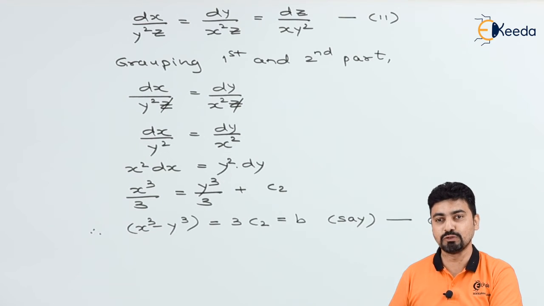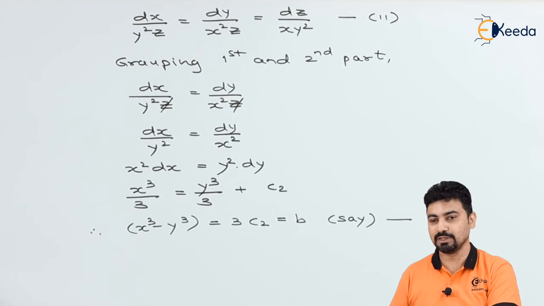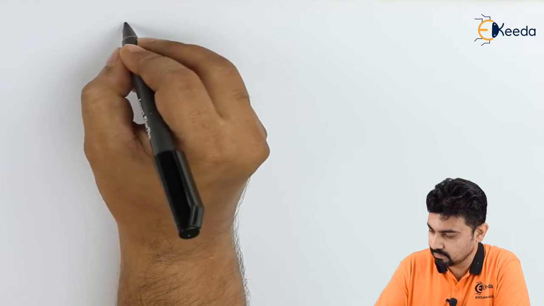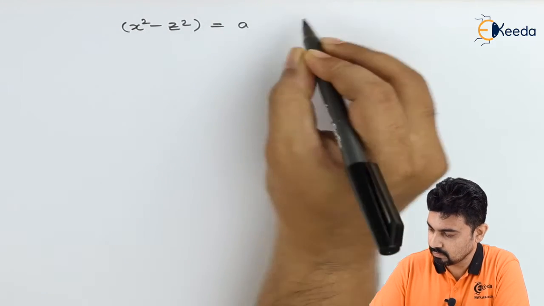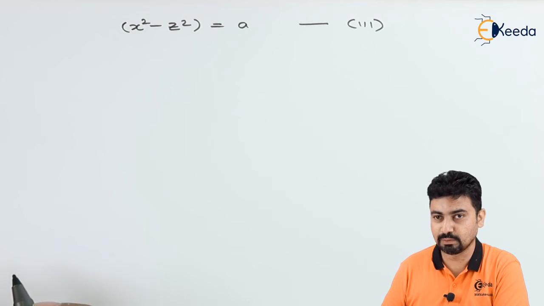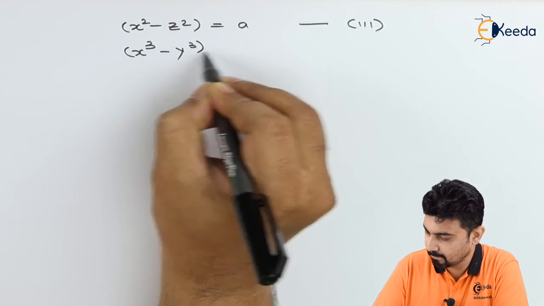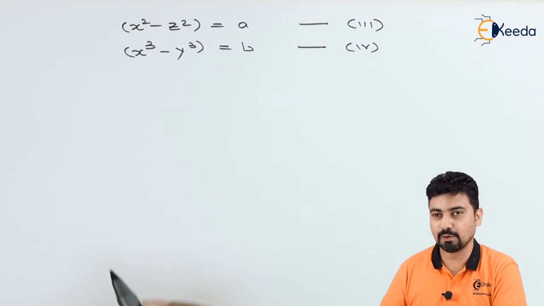So we have got our two solutions. One was x square minus z square is equal to a, and x cube minus y cube is equal to b. Combining these two solutions, what we get is our final general solution for the given partial differential equation. So let us combine the two. The first part of the solution, what we had got was this, this was equation number 3, and the second part what we had got was equation number 4.